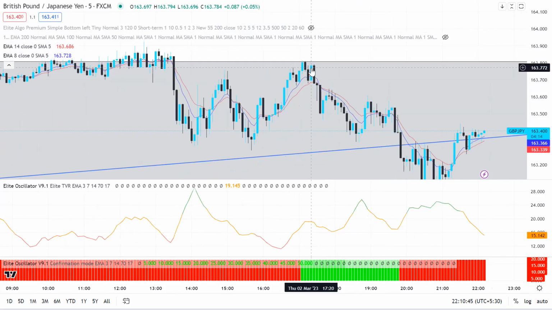You took a buy there? Second one I took the buy, and it hit it. But why did you take a buy? First I took the sell here. Then it went up to there.